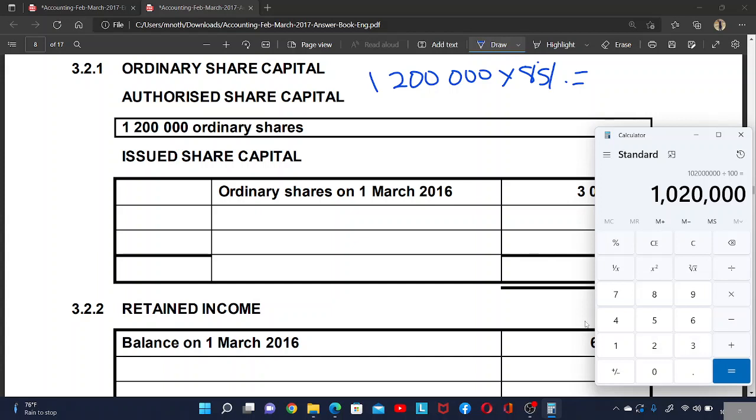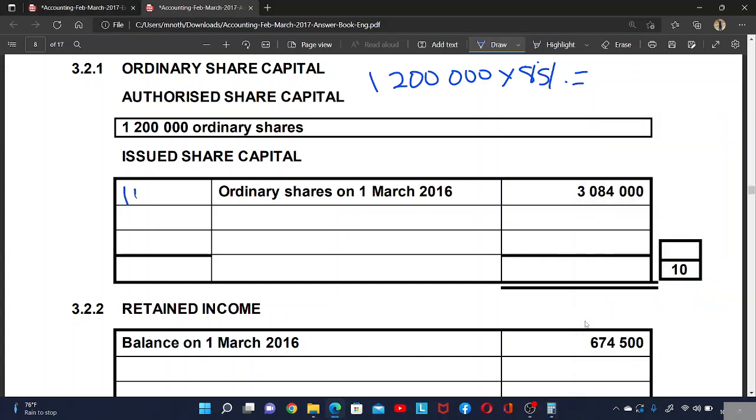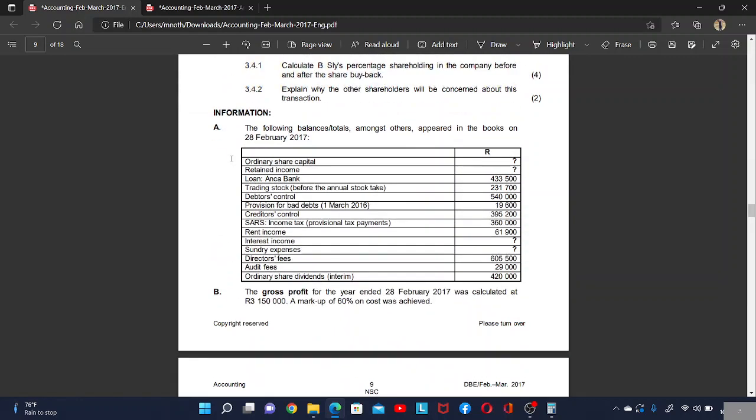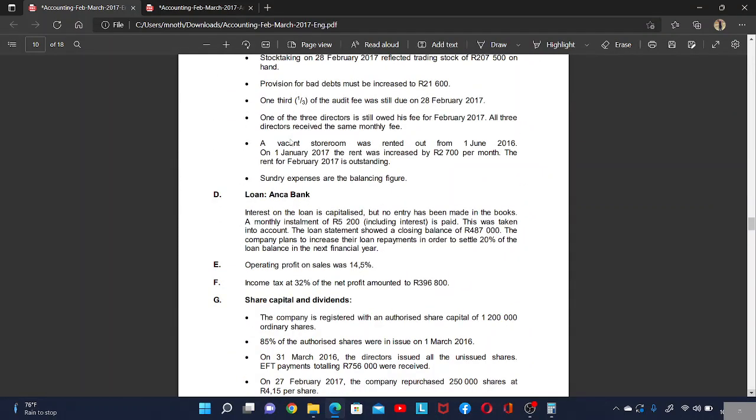So the shares issued at the beginning of the year, they are 1,020,000, because our year starts on 1 March 2016. We are given that information. The year ends on 28 February 2017, meaning that it starts on 1 March 2016. Okay, let's continue.